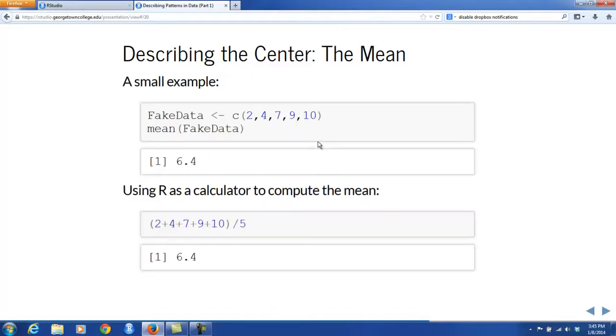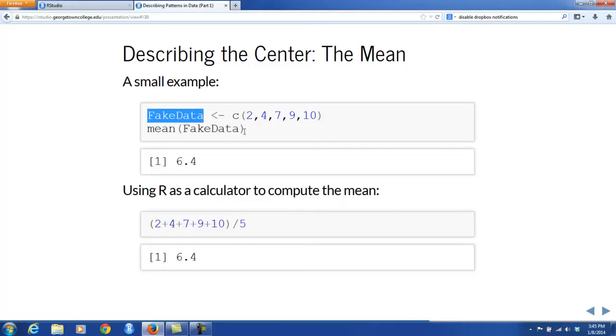So although favstats will compute this for us automatically, it's good to try it out ourselves for just a small bit of data. So here's a fake data set, and you can construct any list of numbers you like using the c function. So let's put the numbers 2, 4, 7, 9, and 10 together into a little list using that function. And let's store it in an object.